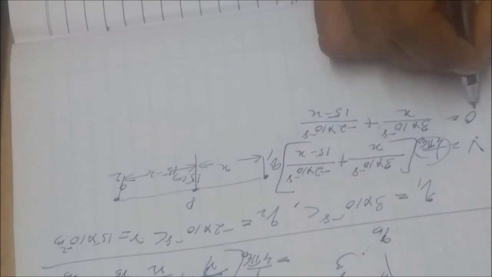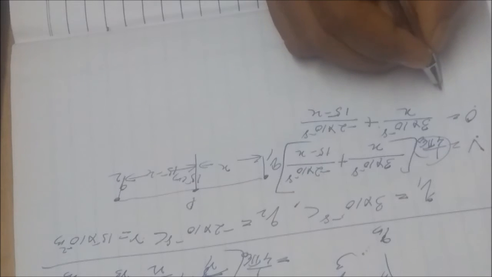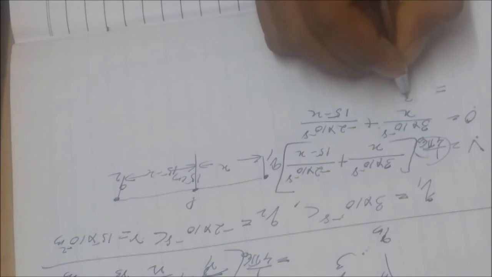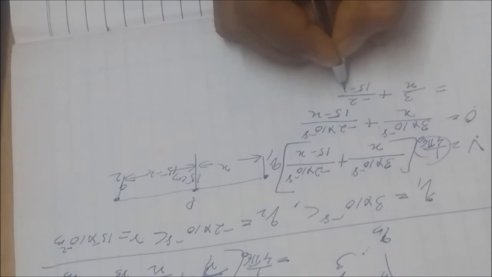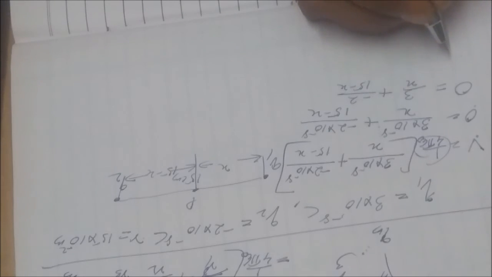Because the right side is 0, we got 3 by x plus minus 2 by 15 minus x is 0.